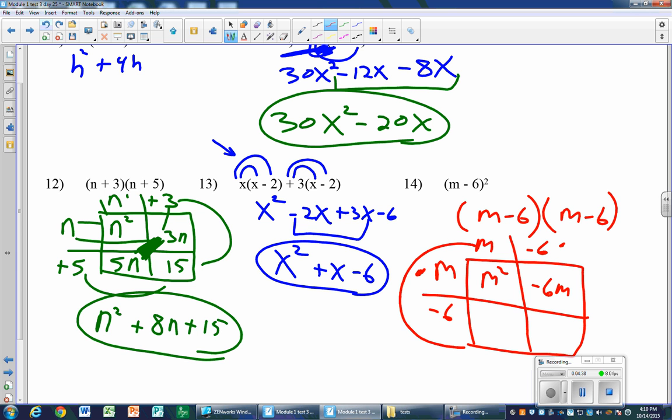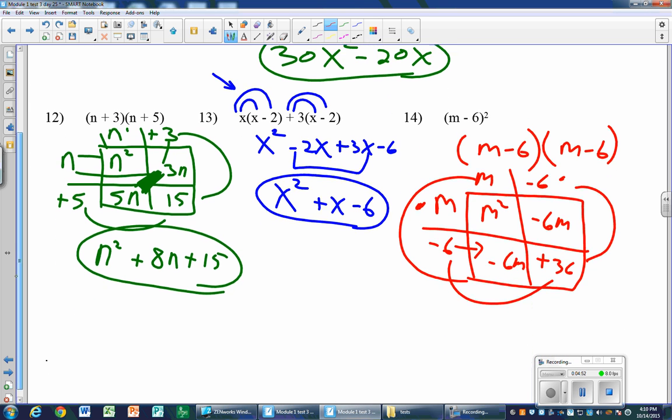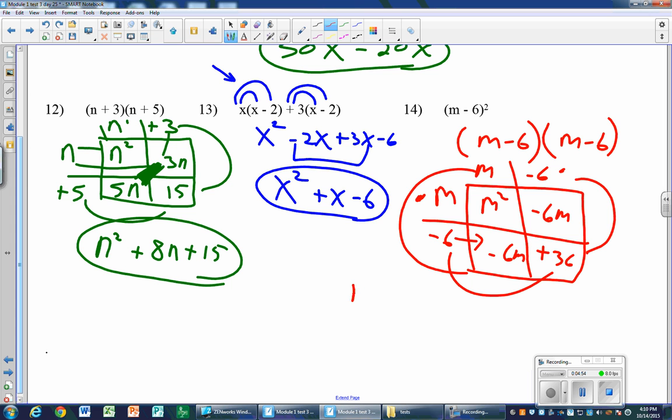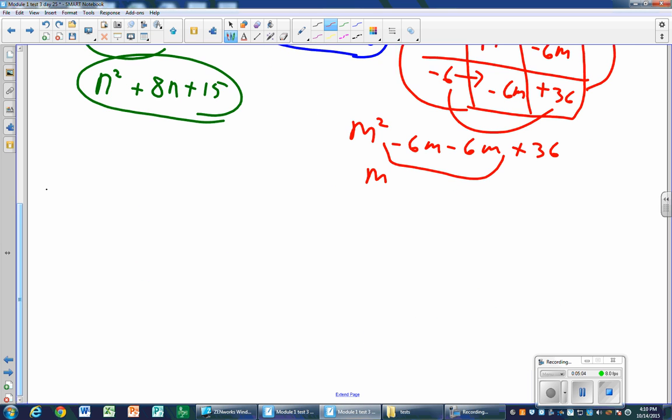Now here we do m times negative 6, negative 6m, and there we do negative 6 times negative 6 is positive 36. So our final answer is m squared minus 6m minus another 6m plus 36, a total of m squared minus 12m plus 36.